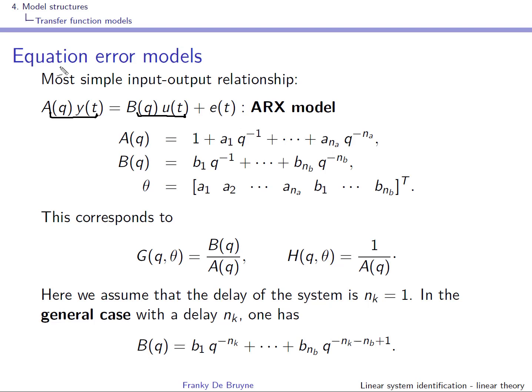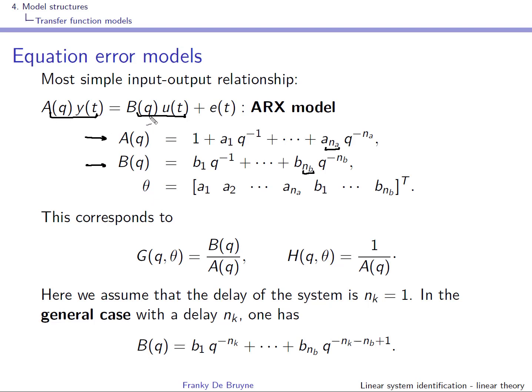models. In here, A is a monic polynomial and you have na parameters, right? And B is a polynomial with nb parameters, and these parameters are stacked in the parameter vector theta.